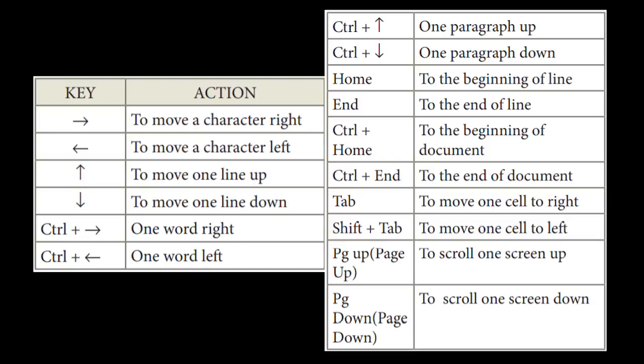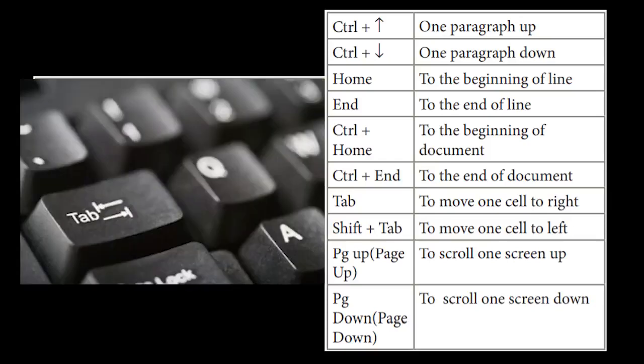Or if you want to go to the beginning of the document, if you are typing 5 or 10 or 12 pages, you can just press control and home, right? If you want to come to the end of the document, you can just press control and end. There is a tab key on the keyboard, right? Tab key means to move one cell to the right. If you are creating a table, you have to move to each cell, right?